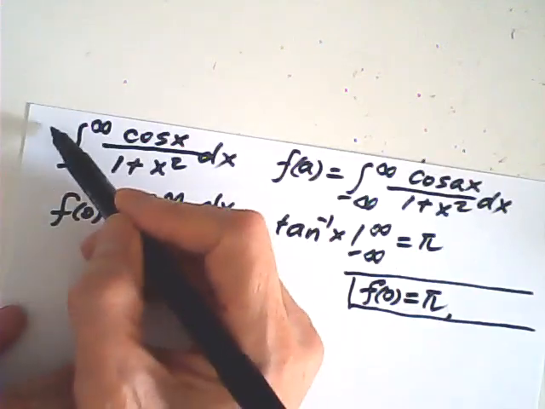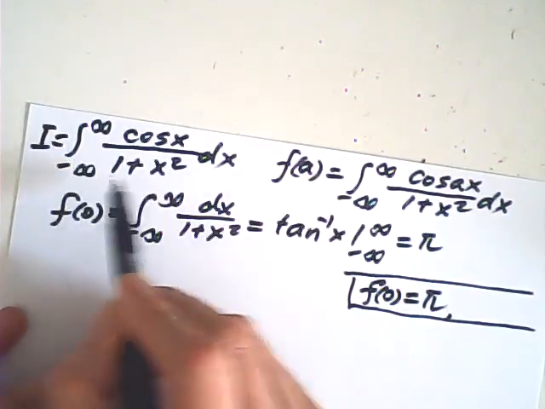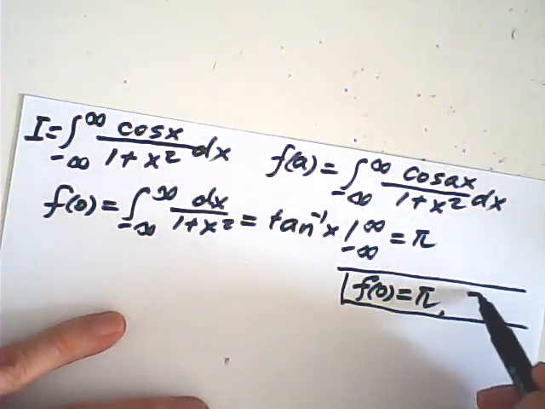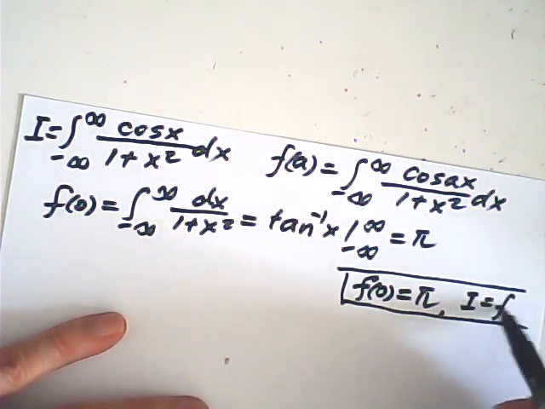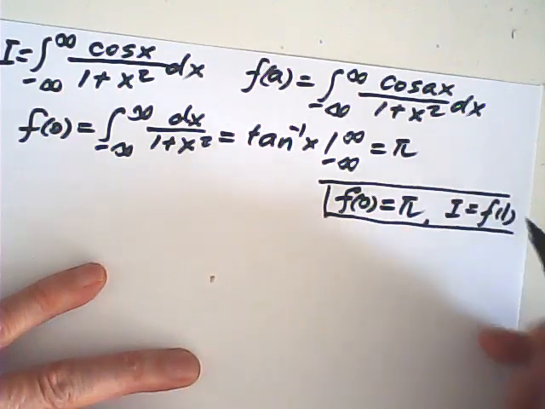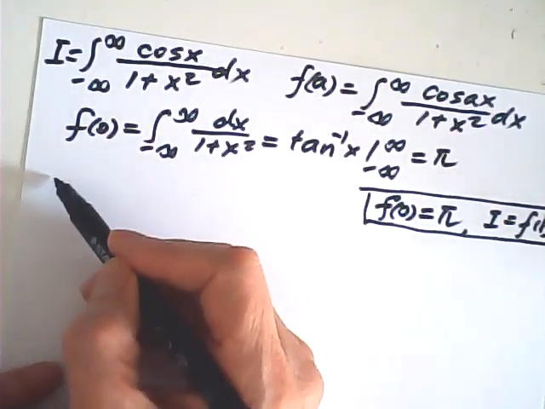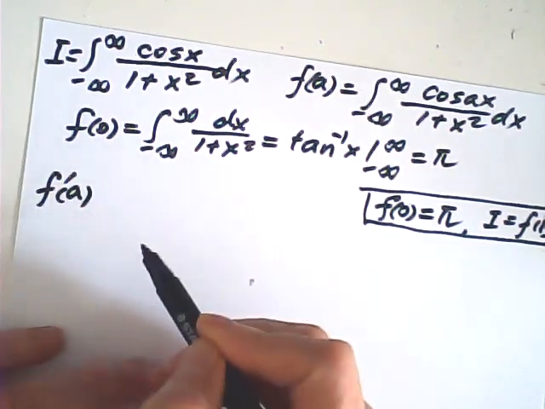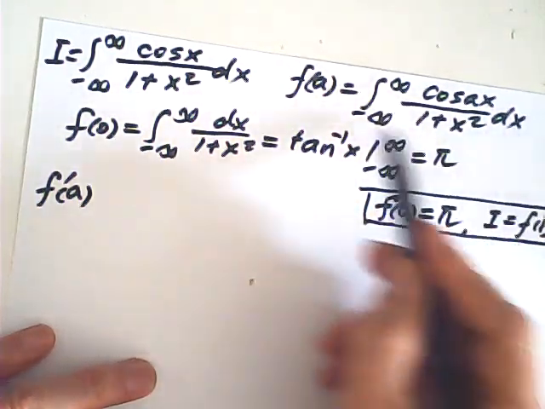And also my I is f of 1, right? So my I is f of 1. Okay. Now I take the derivative of f with respect to a.